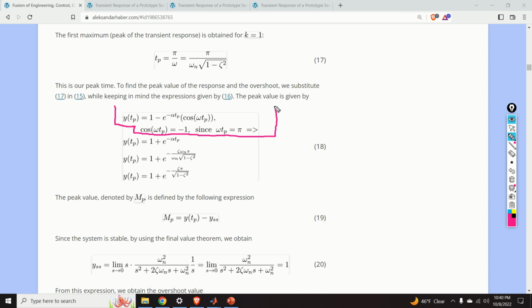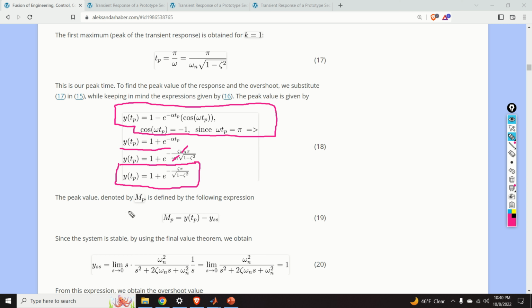This equation comes from the fact that sine of omega Tp is equal to 0. Now, this equation can be further simplified and can be represented by this equation over here, and if we use the expressions for Tp and alpha in this equation, and if we cancel omega n terms, we obtain our final equation that's given over here.